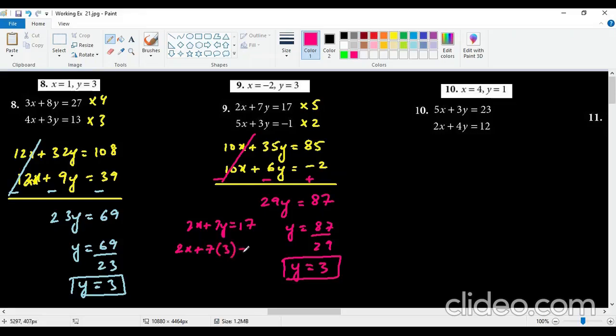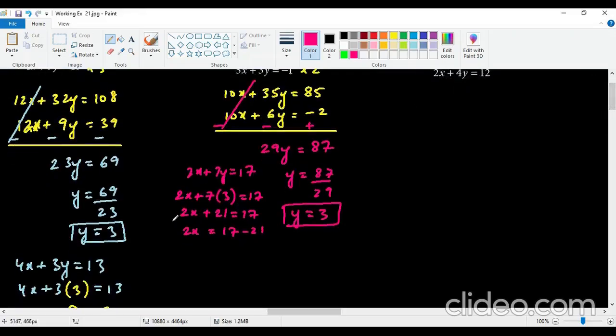Now 2x plus 7 times 3 is 21 equals 17, and 2x equals 17 minus 21 is going to give us 4. That means x equals 4 divided by 2 is going to give us 2. So the value of x is 2 and the value of y is 3.